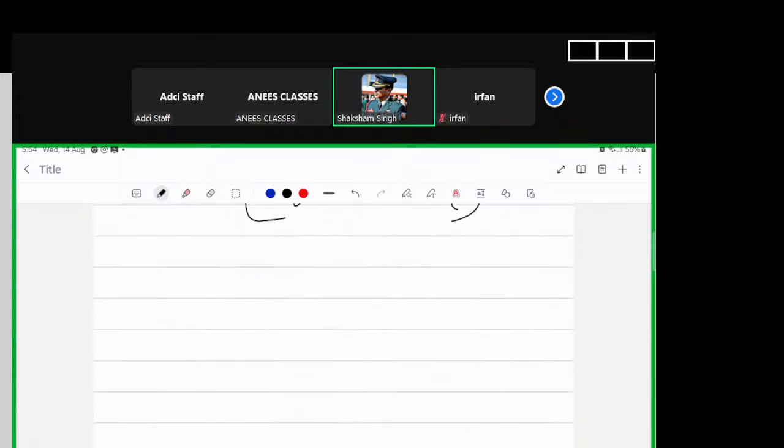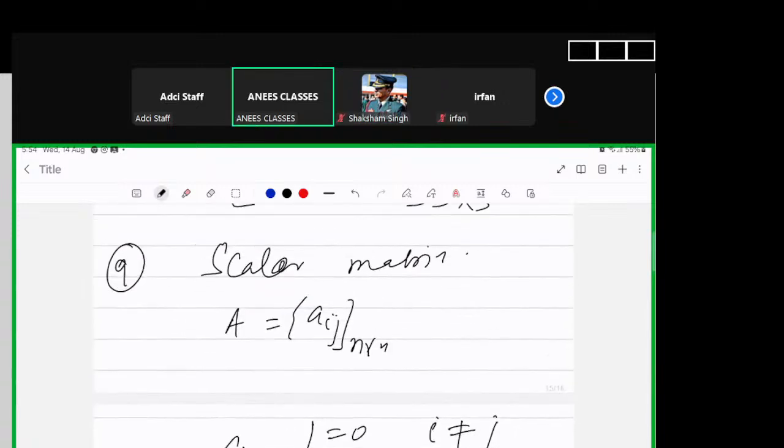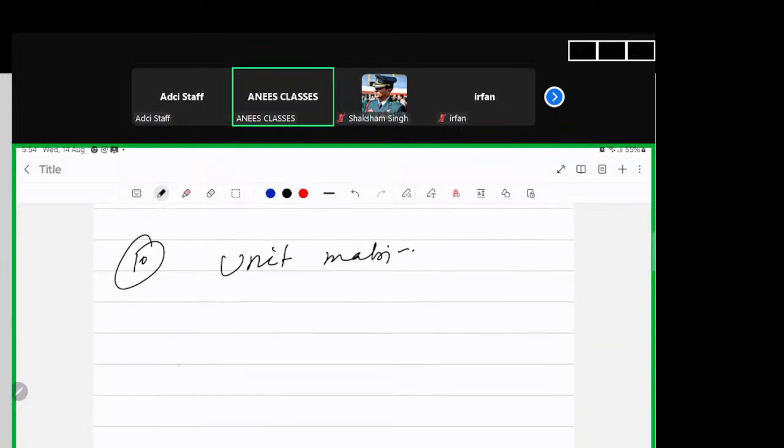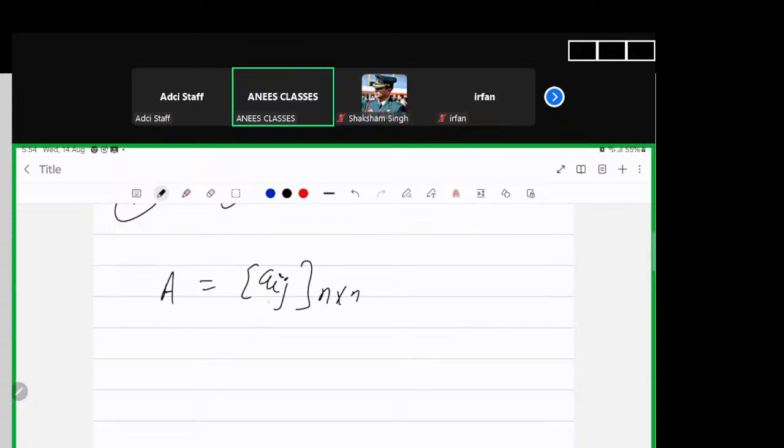Now unit matrix. In the unit matrix, n cross n, I will write this as In, when Aij equals 0 for i not equal to j, and 1 for i equal to j.